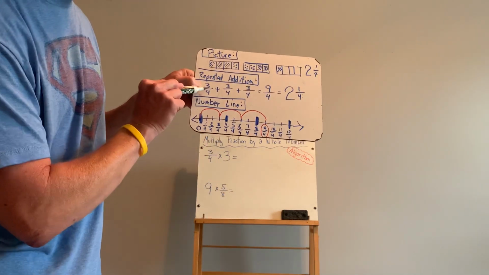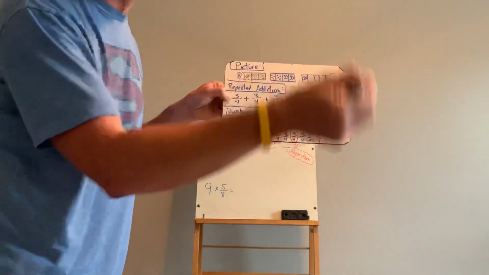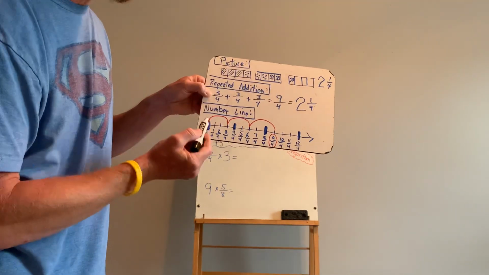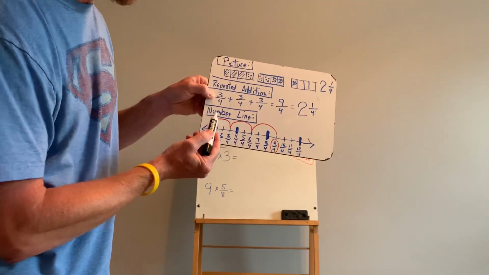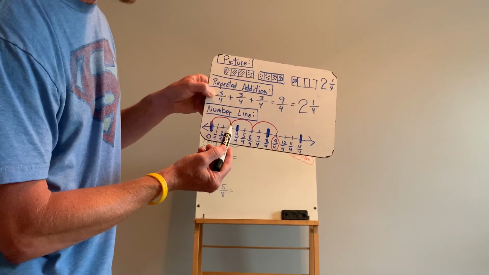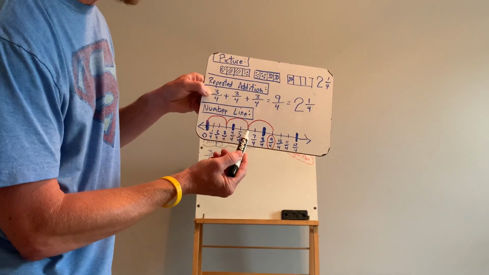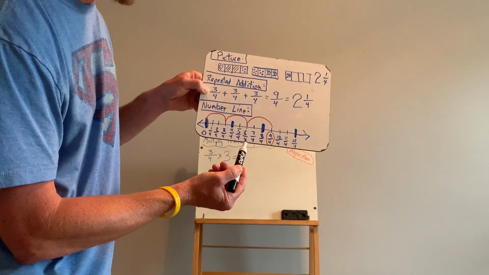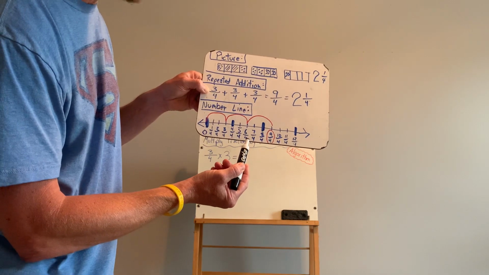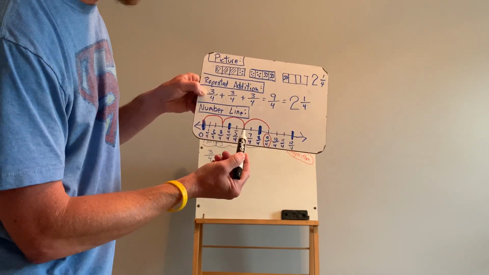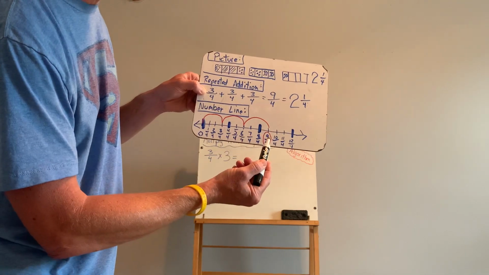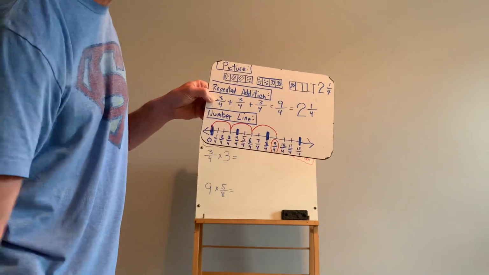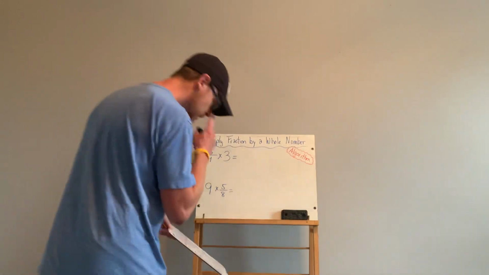We're representing 3/4 like jumping 3/4, the same thing we did in our equation. Starting at 0, I go to 3/4. 3/4 plus another 3/4, I jump to 6/4. And one more 3/4, I jump to 9/4, which we already figured out is 2 1/4.